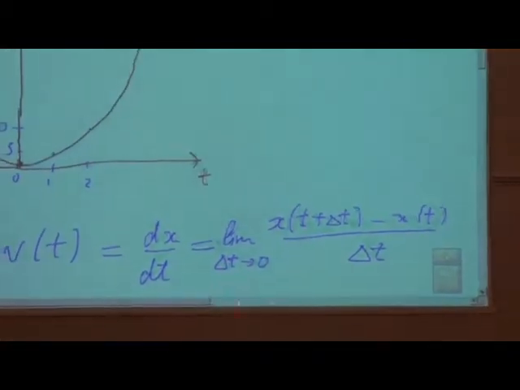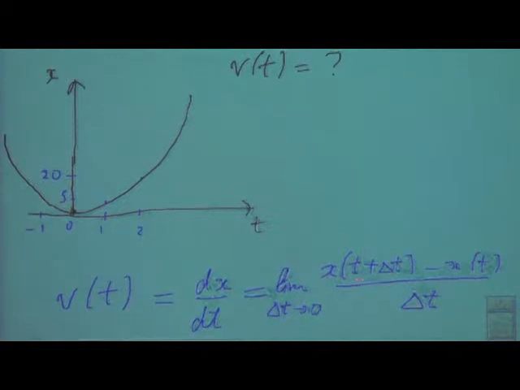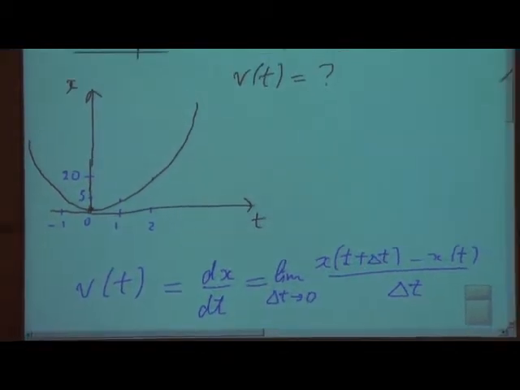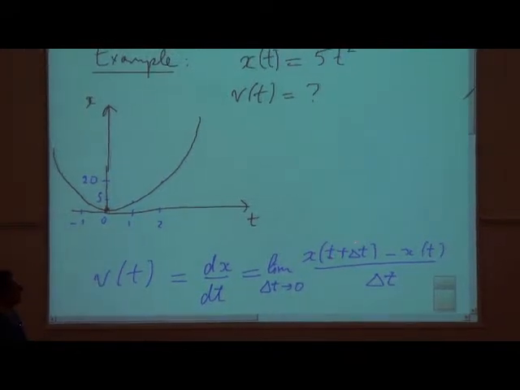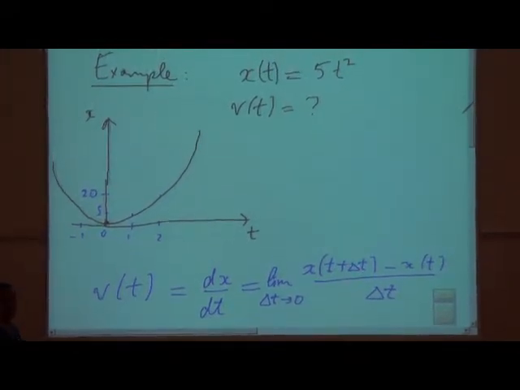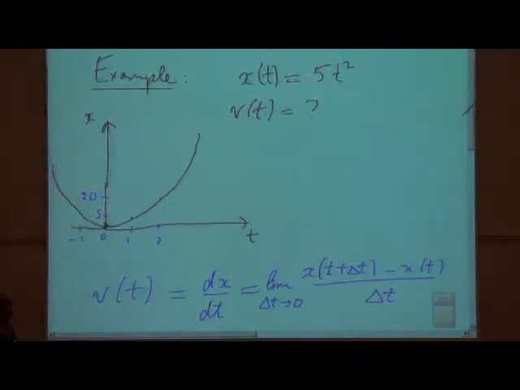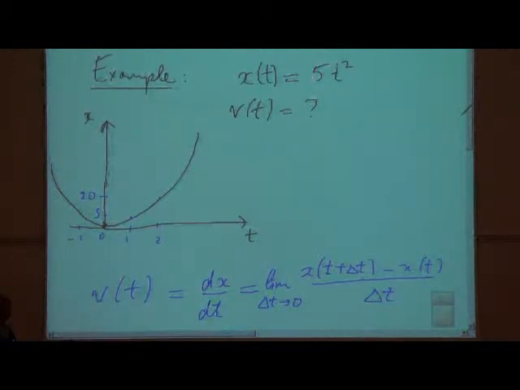We want to write an expression for x at what time? When the time is t plus delta t. Given the time in this problem, how do I find the position? It's going to be 5 times that time squared.